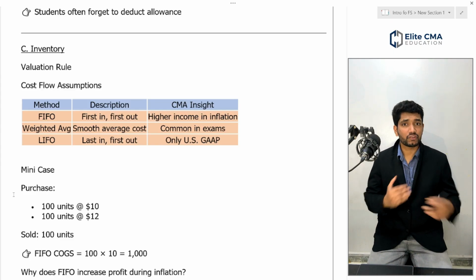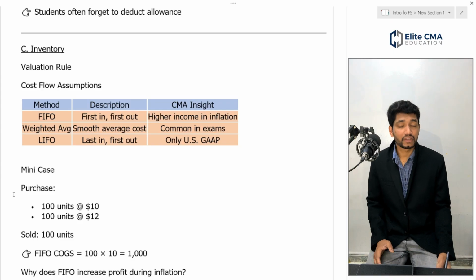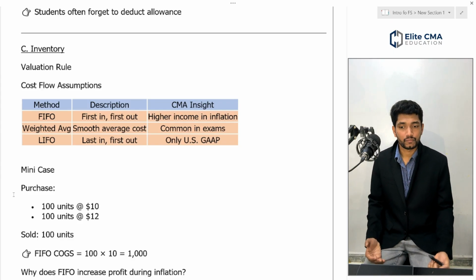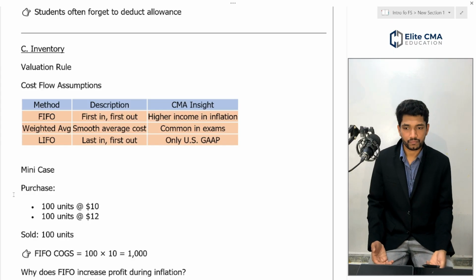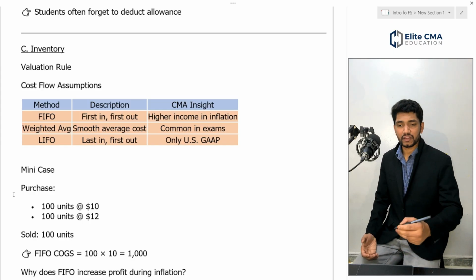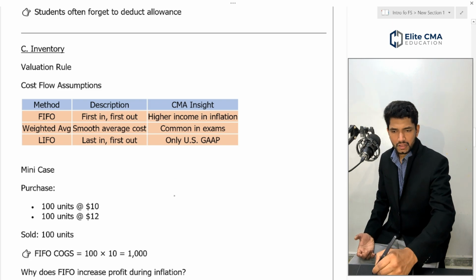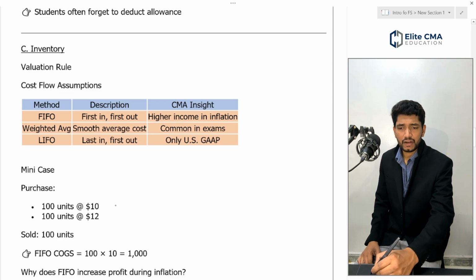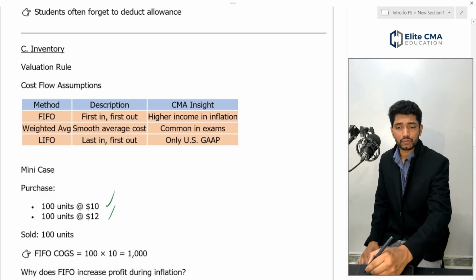So why is this valuation method relevant? It is to calculate the cost of goods sold and the gross profit. Just look into this case. If a company purchased 100 units at $10 and 100 units at $12, and the company sold 100 units.